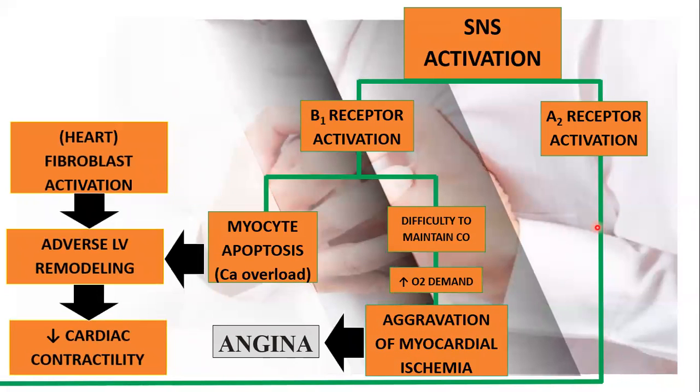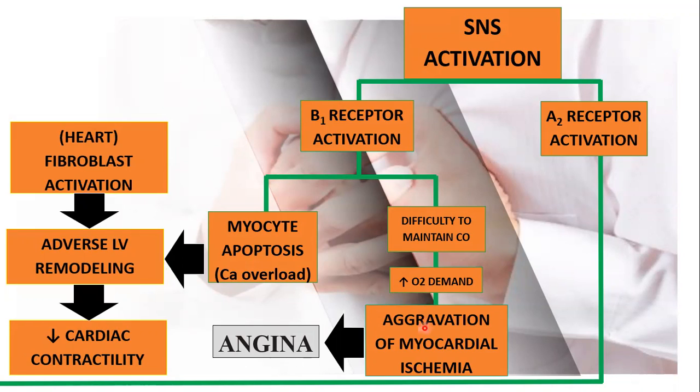Moving on with the third event, the sympathetic nervous system activation, it would trigger the beta 1 receptor, and it would lead to myocyte apoptosis from the calcium overload, further aggravating the adverse left ventricular remodeling. And then the activation of that beta 1 receptor could also lead to difficulty in maintaining cardiac output, thus triggering an increased oxygen demand.